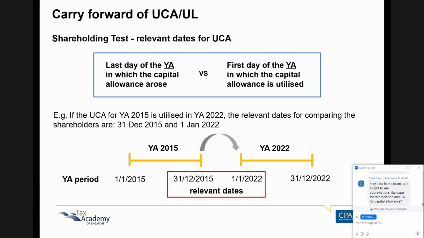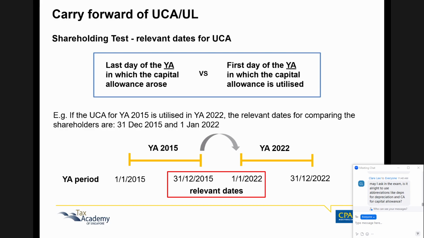So in this example, let's say the UCA arose in YA 2015 and is utilized in YA 2022. The last day of YA 2015, and YA always ends on 31st December. It has got nothing to do with your accounting period.